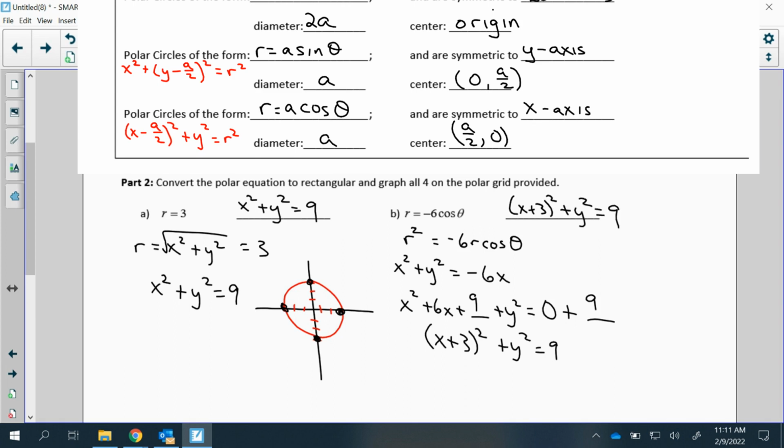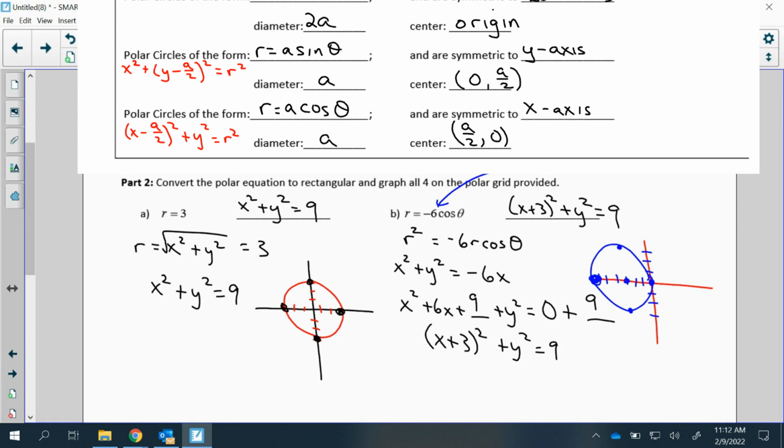So then we have to graph it. Like that. And the other two I'm going to do without narration, so hopefully you can follow along.